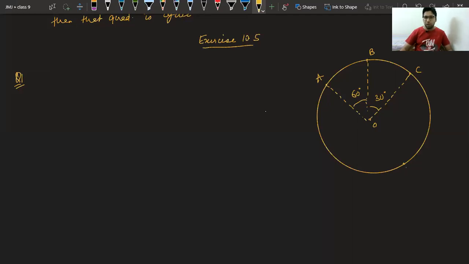So this is the point D, and if I join these two, the angle subtended by arc ABC at D is this angle. Very easy question, class.